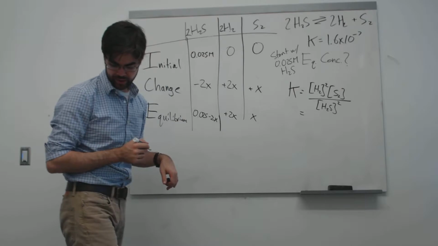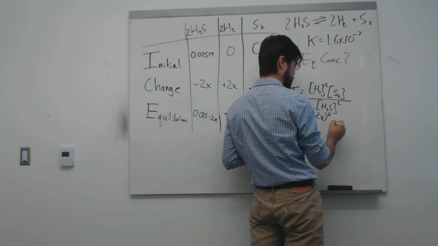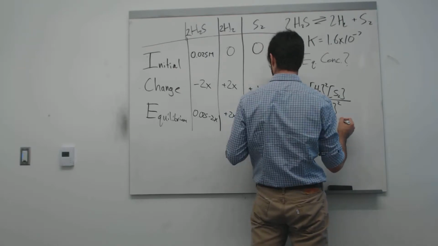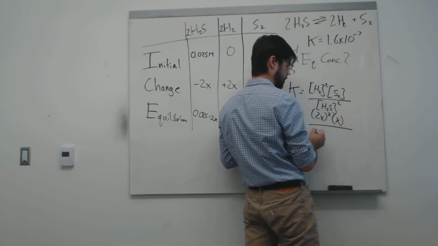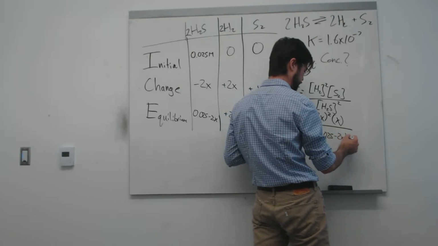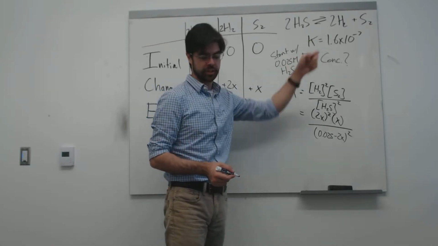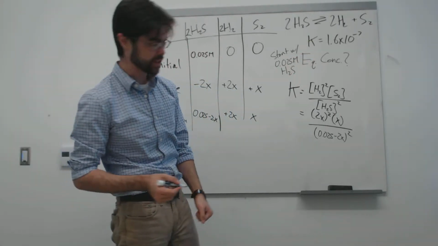So I will plug those values in, so you get 2x squared times x over 0.025 minus 2x squared, all of that equal to K, which is, again, 1.6 times 10 to the negative 7.